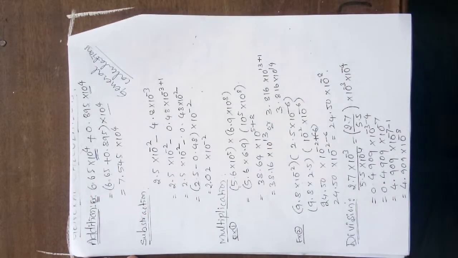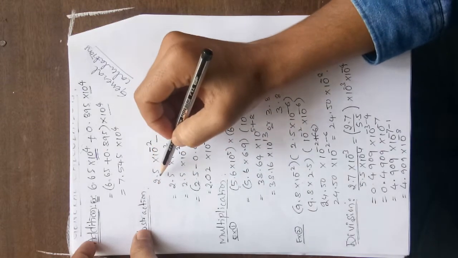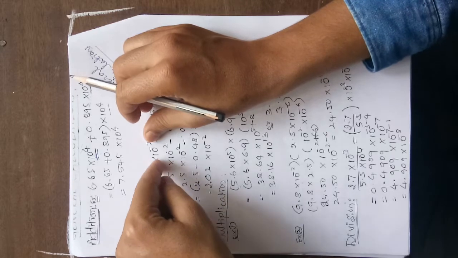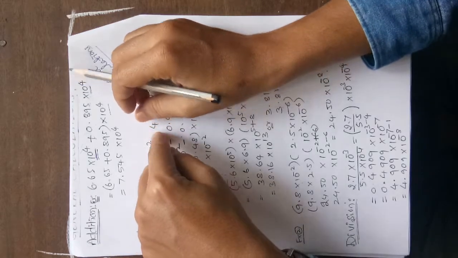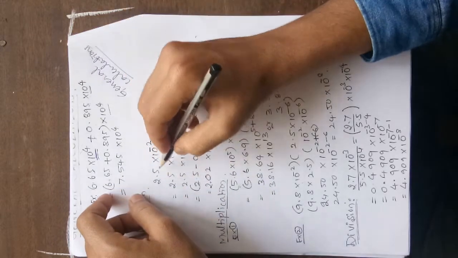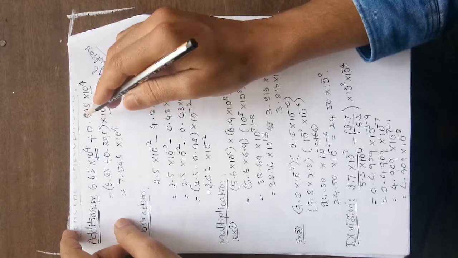Okay, next, subtraction. How is subtraction done? You can see they have given two values: 2.5 into 10 raised to minus 2 and 4.8 into 10 raised to minus 3. How can we subtract? In the same way as we did in the addition format.